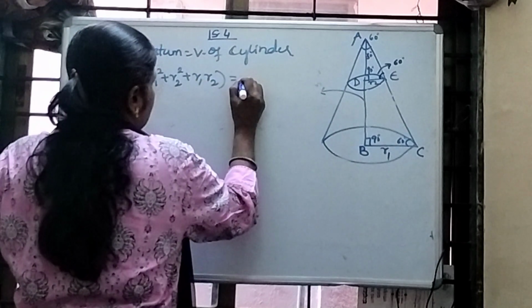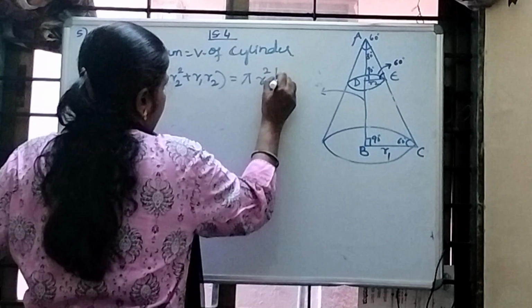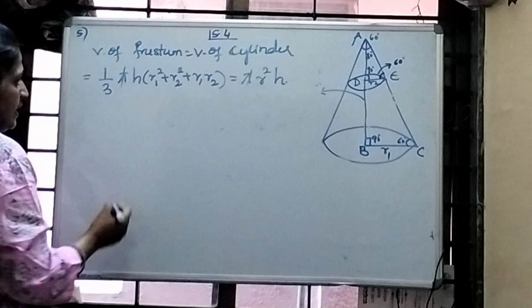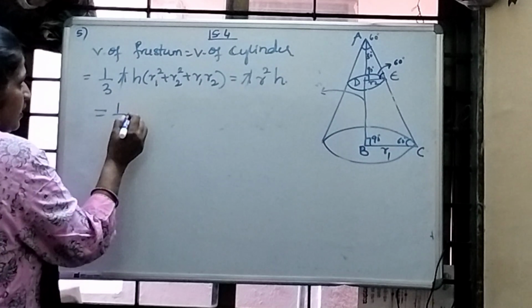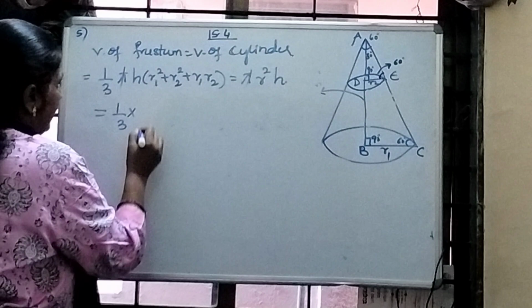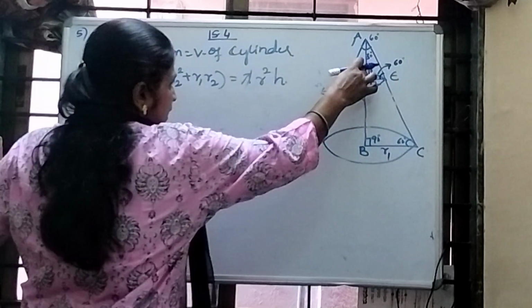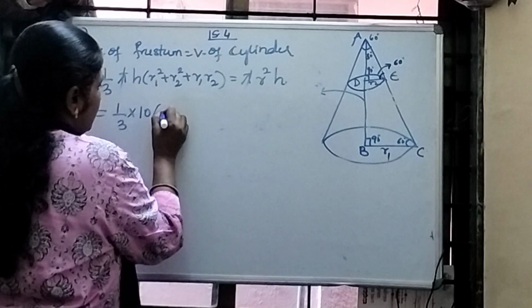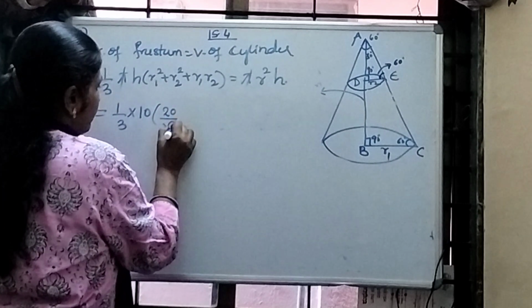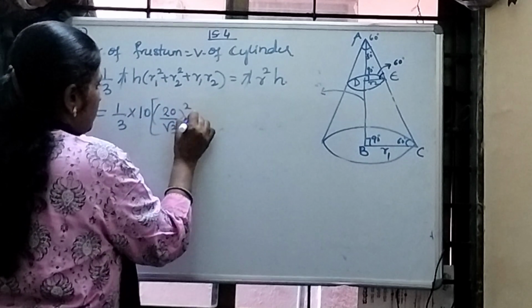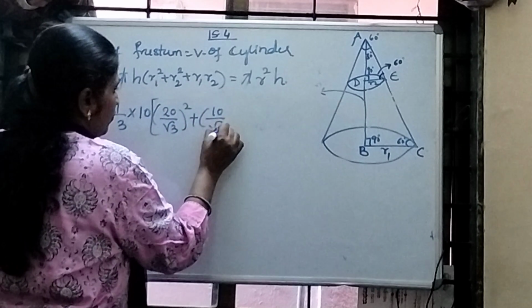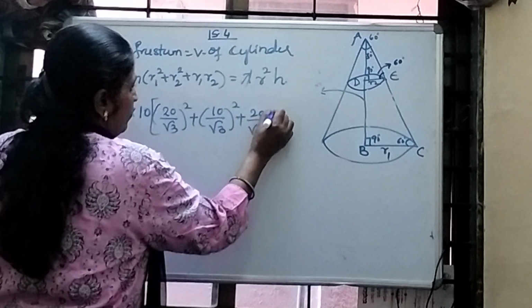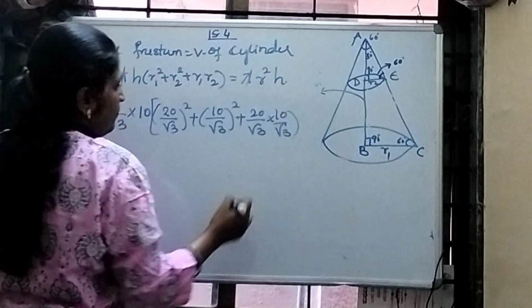Volume of cylinder is pi r square h. So pi on both sides gets cancelled. 1 by 3, the height of the frustum now is only 10 because it is cut here. R1 square is 20 by root 3 whole square, plus 10 by root 3 whole square, plus 20 by root 3 into 10 by root 3.